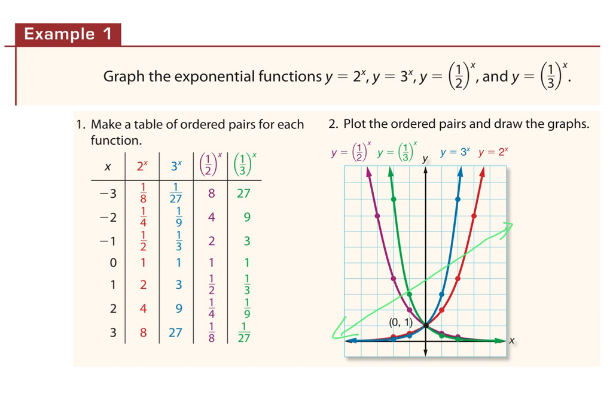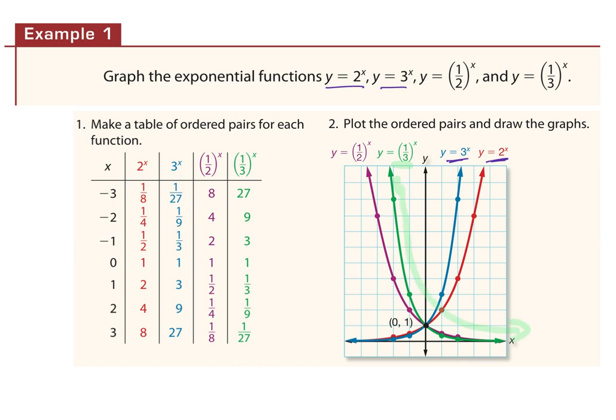And so if we look at what the graphs look like, you'll notice that for the graphs that have a number greater than 1, they are growing. So the y equals 3 to the x, y equals 2 to the x, those are getting larger. And then if you look at the ones that have fractions in there, you will notice that the fractions, 1/3 to the x, is getting smaller as you go to the right.